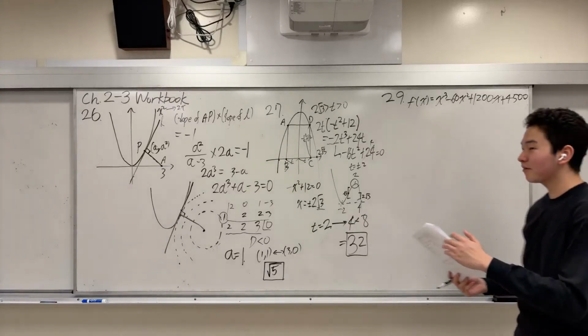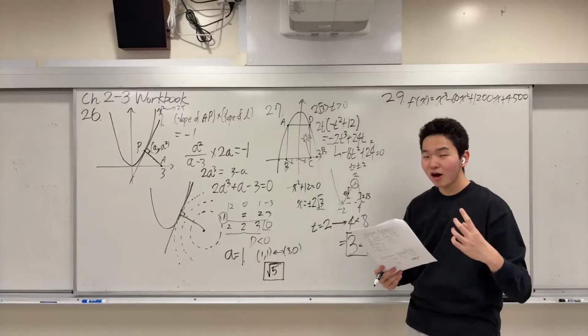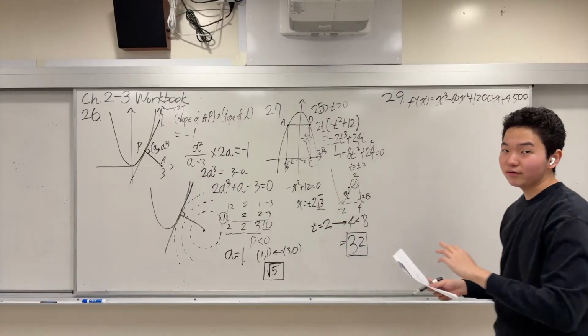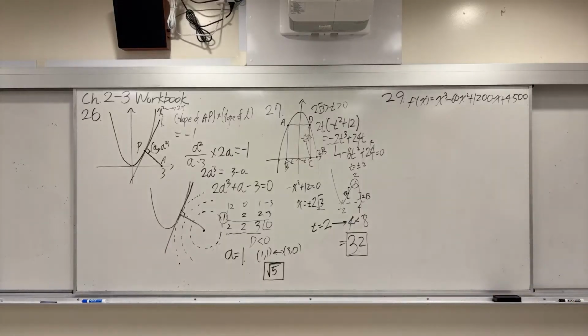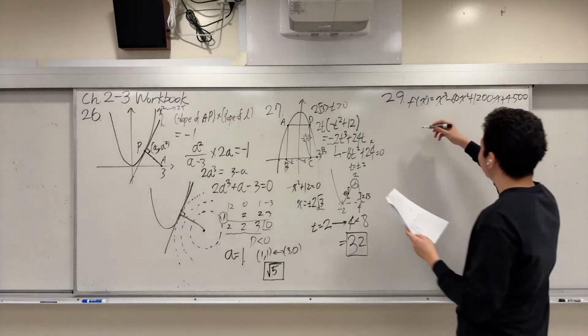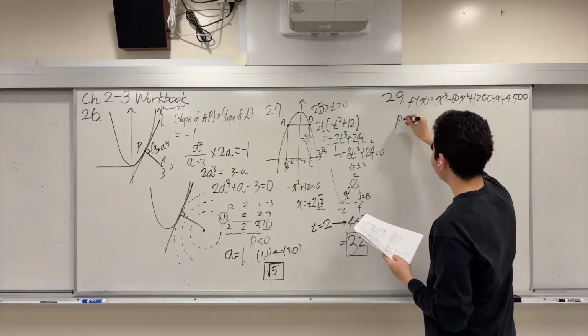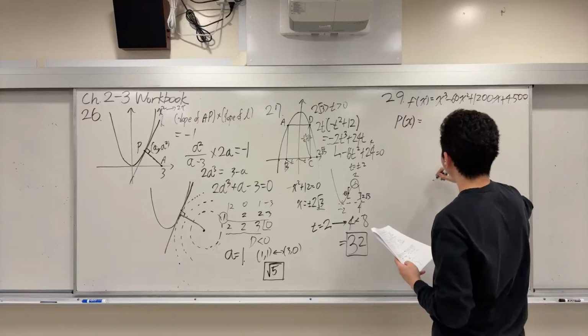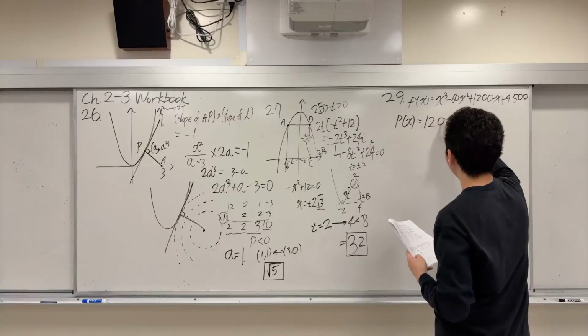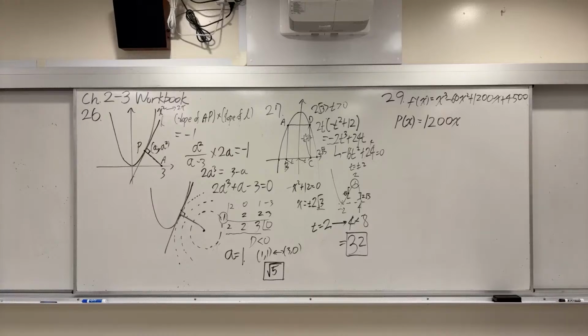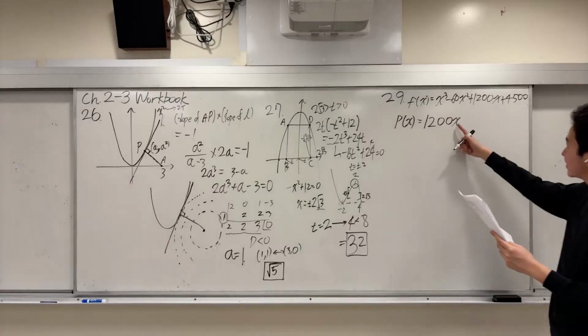Now, you should remember that profits equals your total sales minus your total expenses, right? I think we did that a lot in elementary school, middle school math, perhaps. So let's make a profit function. Why don't we call that P of x? Our profit function is going to be whatever we sell, right? So we're going to sell it at $1,200 per kilogram, and x is the number of kilograms.